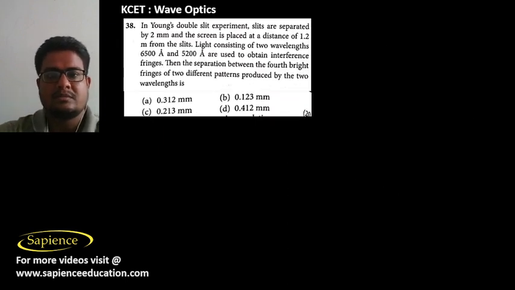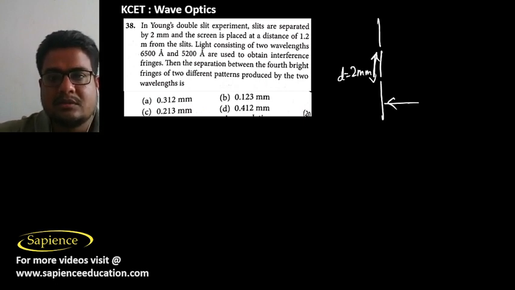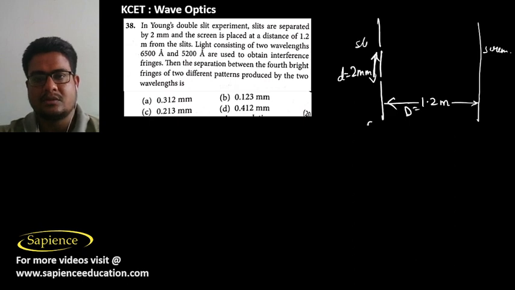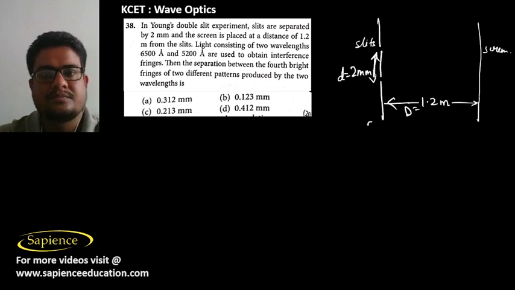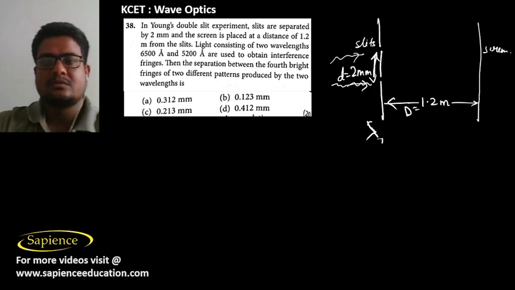In Young's double slit experiment, slits are separated by a distance of 2 millimeter. The screen is placed at a distance of 1.2 meters from the slits. So this is equal to D actually. Here the screen is placed, and here we have the plane of the slits. These two are the slits.